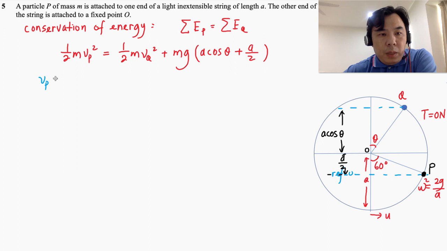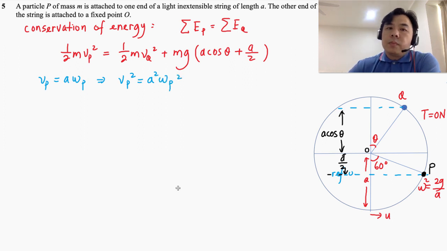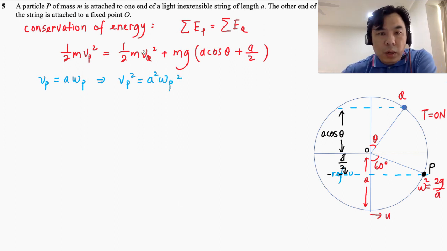We know that v_P is given by a omega_P, therefore v_P square is equal to a square omega_P square. The same goes for v_Q: v_Q is a omega_Q, which means v_Q square would be a square omega_Q square.